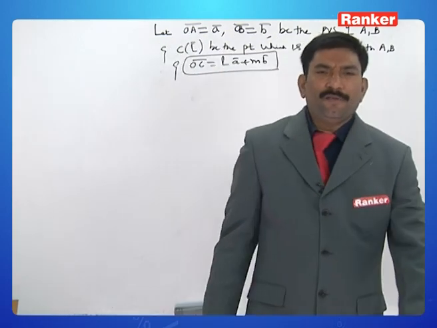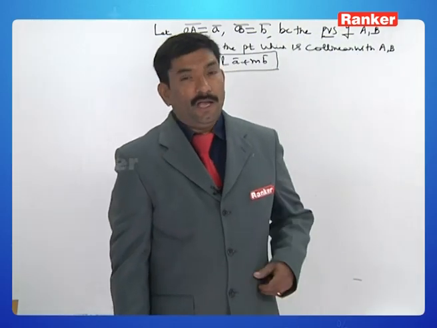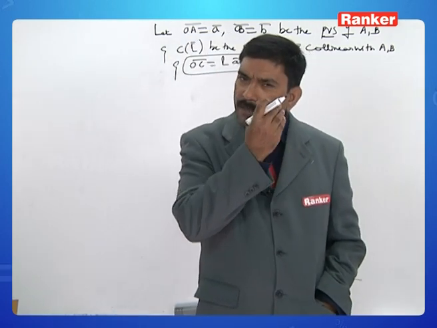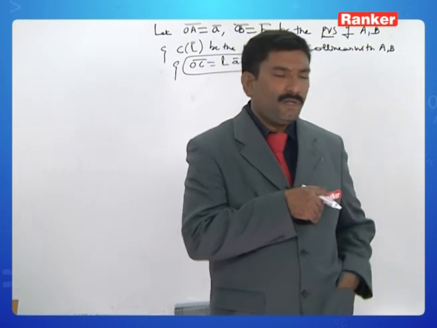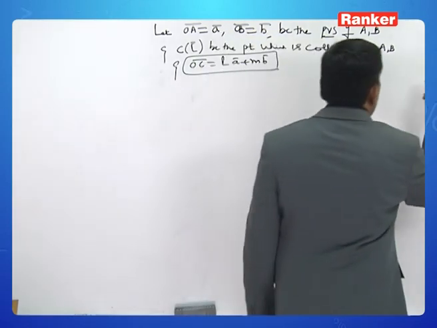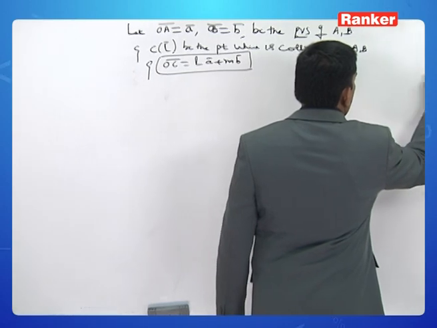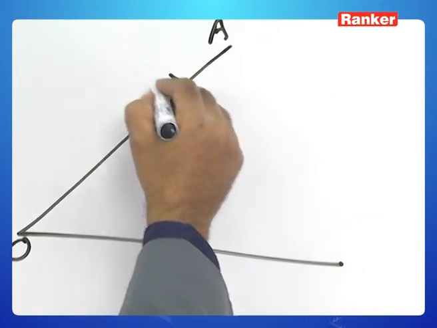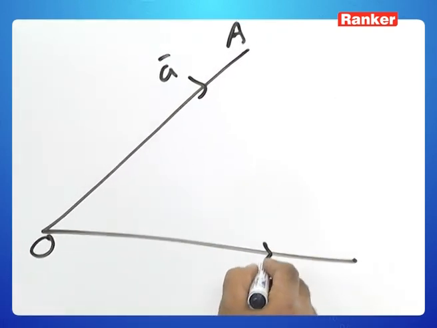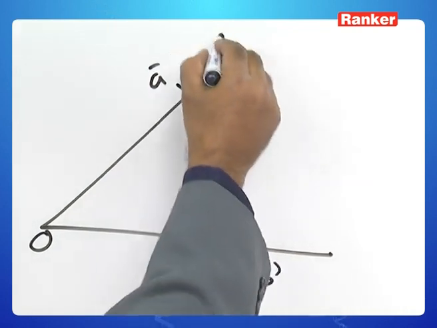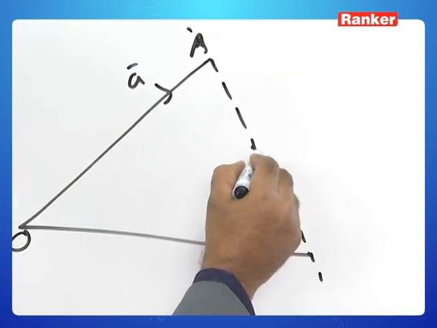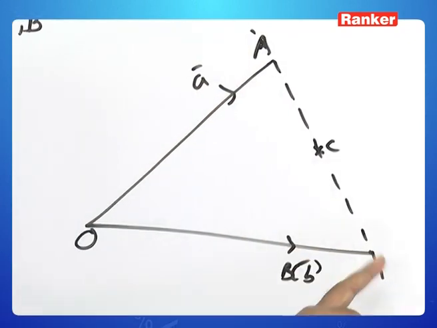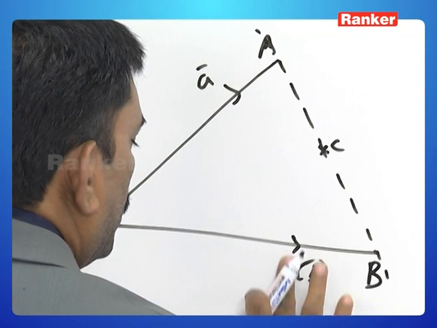Then under the different conditions, I must know the position of C. Say for example, if I take like this, O, this is A of A bar, this is B, it may be like this, C may be here, maybe on this line.